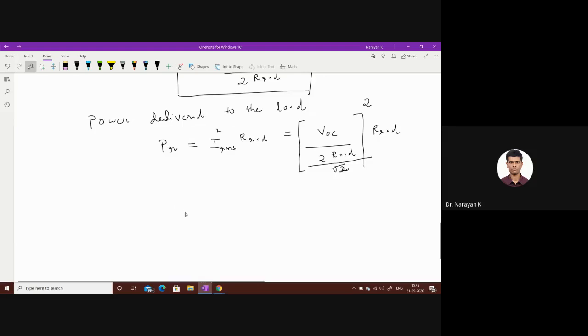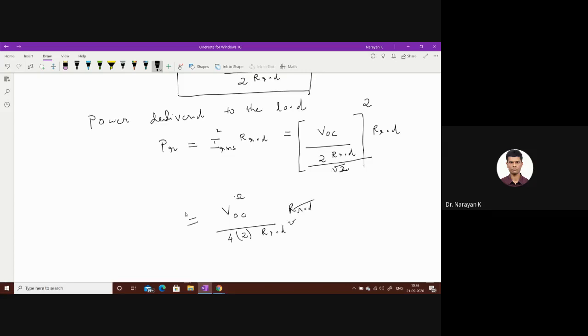Got it? Yes, sir. Okay. So what will this equation become? VOC square divided by, this will become 2 square, that is 4. This root 2 will end up coming here, that square will become 2, into radiation resistance square into radiation resistance.